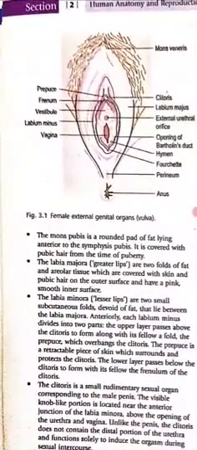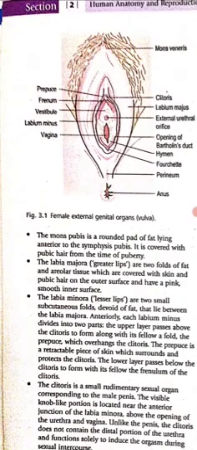Then we have the labia majora, or bigger lips or greater lips. These are two folds of fat and areolar tissue covered with skin and pubic hair on the outer surface, but they have a smooth inner lining. So internally they don't have hair, but externally it is also covered by pubic hair.